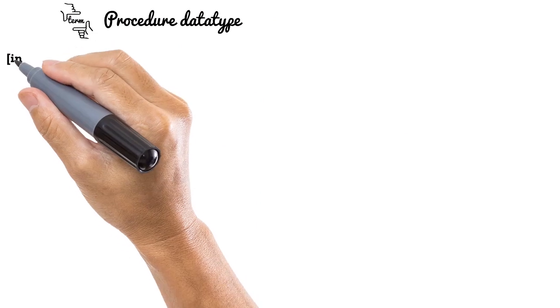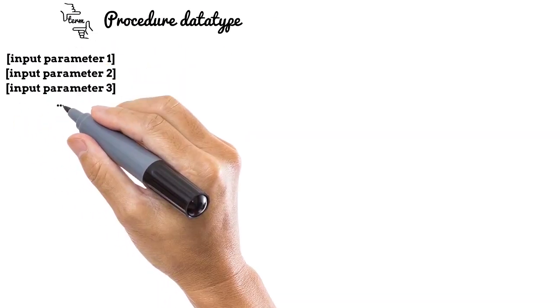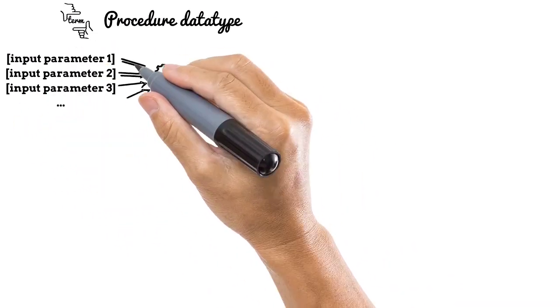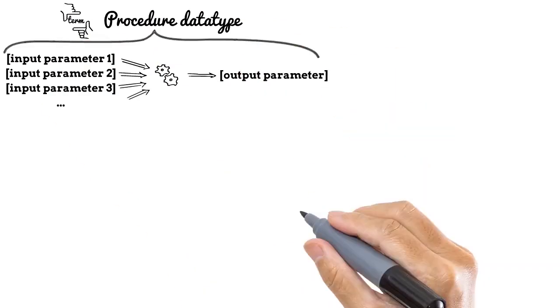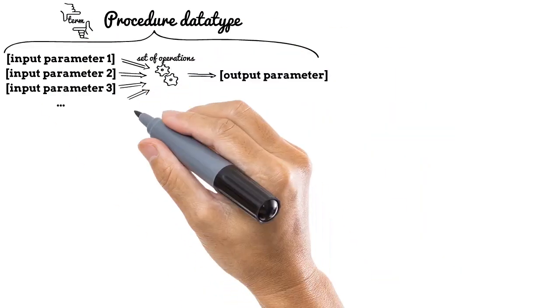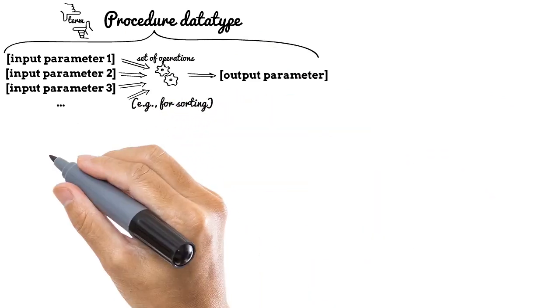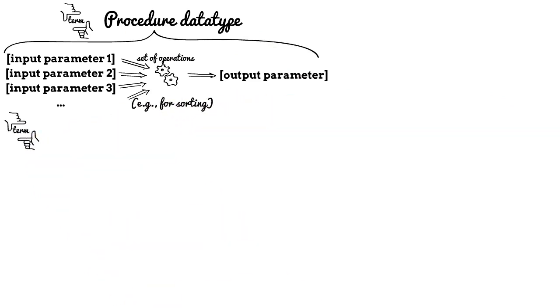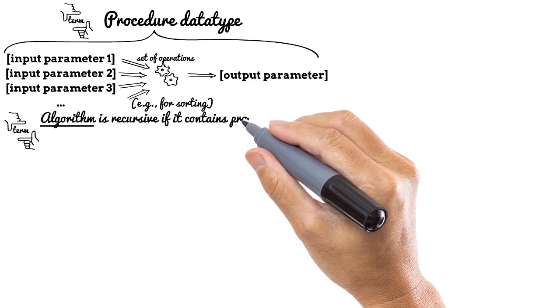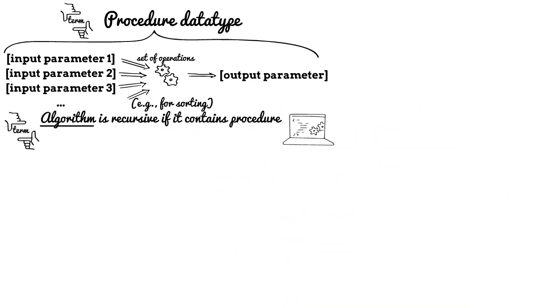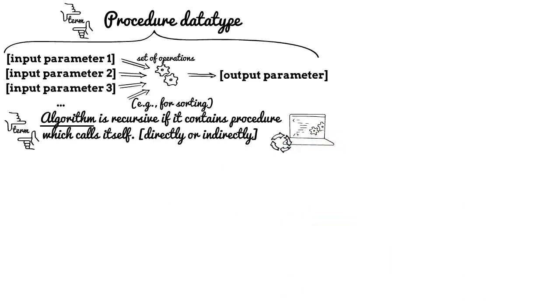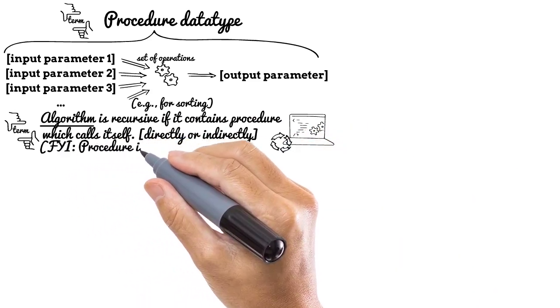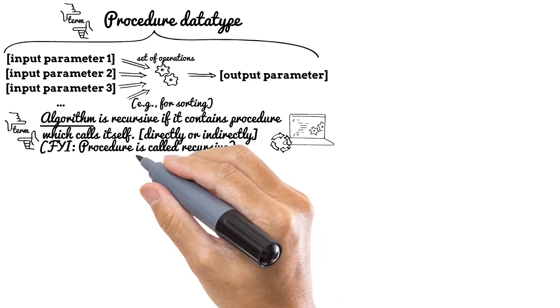This data type takes some parameters of different types, comprises the set of all operations and returns some value of a certain data type. Such a procedure can contain instructions for sorting to implement our algorithm. An algorithm is considered to be recursive if it contains a procedure which calls itself directly or indirectly through a different procedure. Such a procedure, also called a function, is called recursive as well.